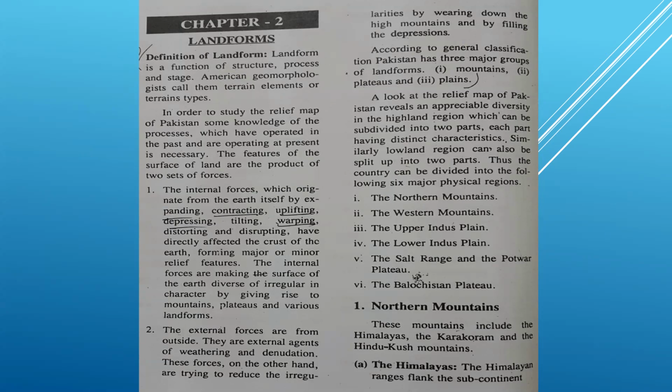In order to study the relief map of Pakistan, some knowledge of the processes which have operated in the past and are operating at present is necessary. The features of the surface of land are the product of two sets of forces. Also, it can be asked in a short question: two types of forces, number one internal force, number two external force.